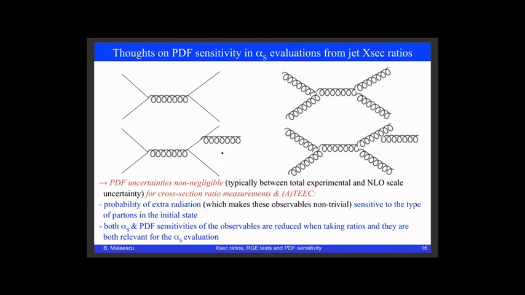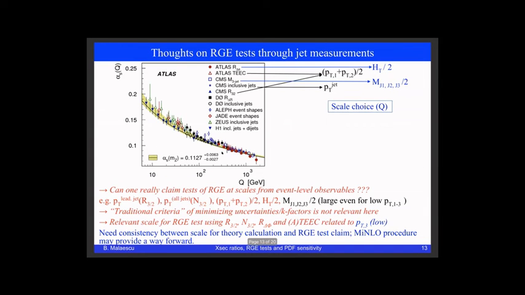Can you go to slide 13? I agree that, right, in a multi-scale problem, it's not so trivial to select the scale at which you're going to quote your alpha S value.